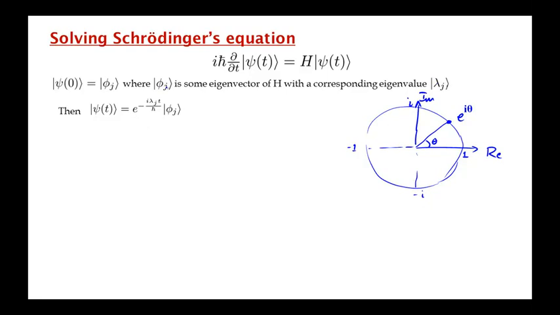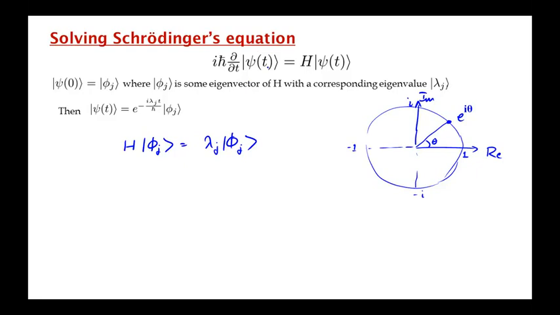Since φ_j is an eigenstate, H times φ_j is just λ_j times φ_j. What this means is that the differential change in the state at time t is just proportional to φ_j itself.